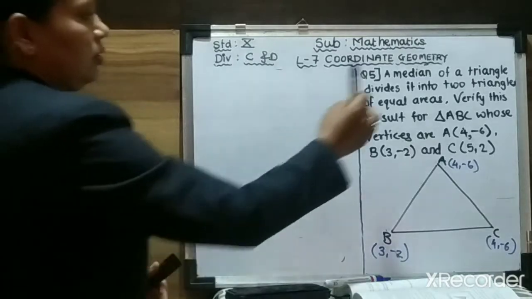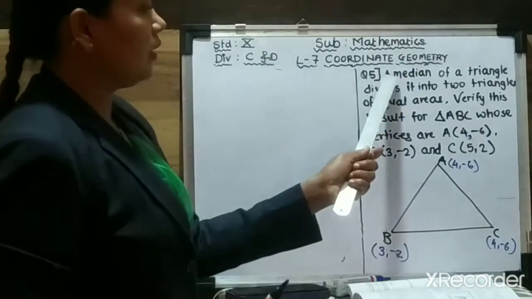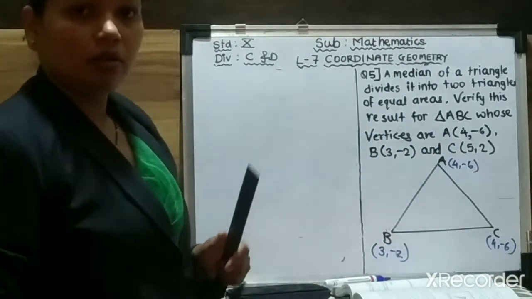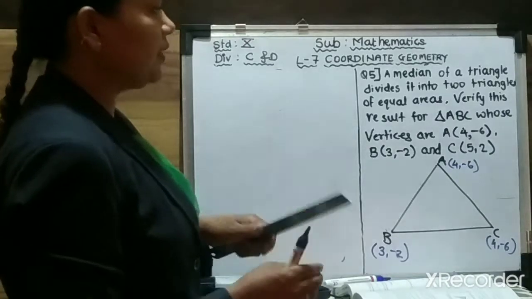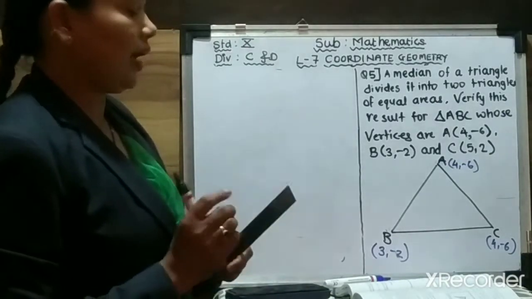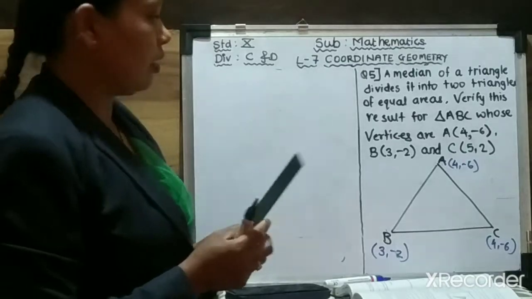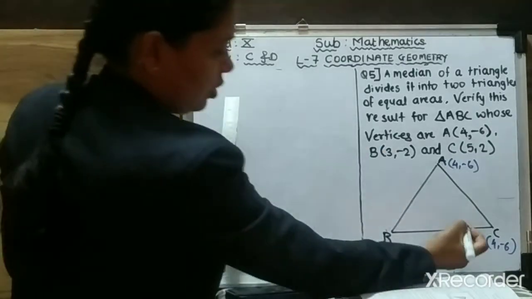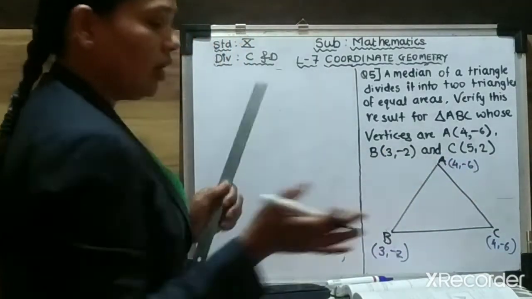Now, in the beginning of the question it is given a median of a triangle. A median of a triangle divides it into two triangles. So let us have a median. Draw it. Take the midpoint of any one side.